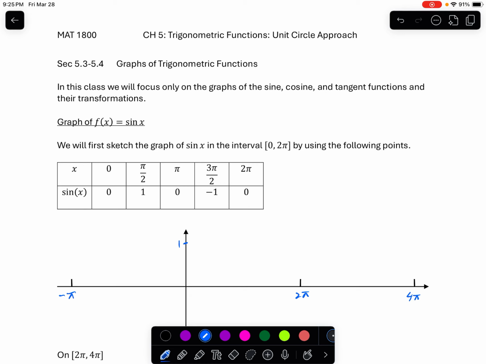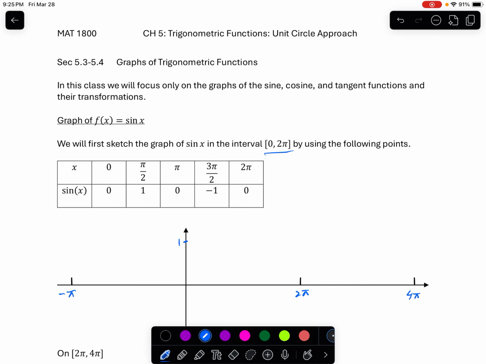So starting with the graph of sine x, let's first graph it on one complete circle, like one complete unit circle, which means in the interval 0 to 2 pi. In order to graph this, I have taken some values here.